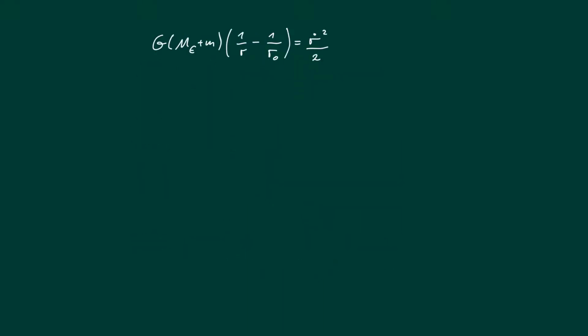In the final step, we will bring the 2 on the other side, take the square root of this equation, and then we are left with dr over dt on the right hand side, and we will separate the variables, so we will bring the time on the left hand side and have the coordinate r on the right hand side.